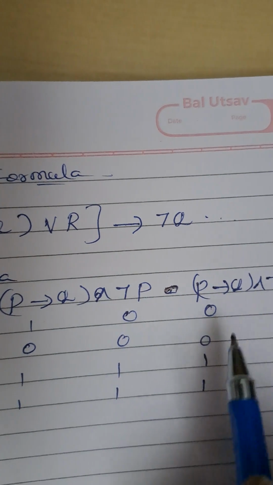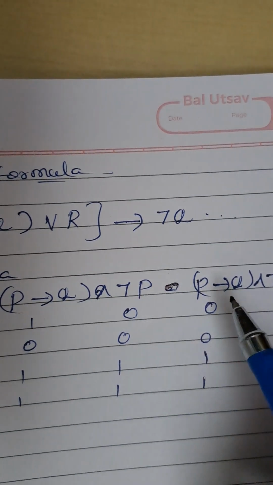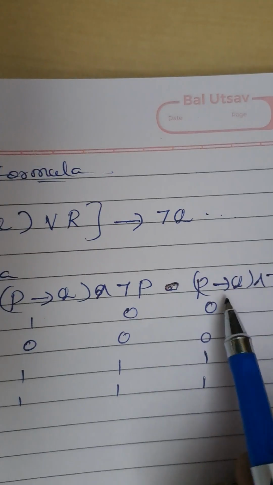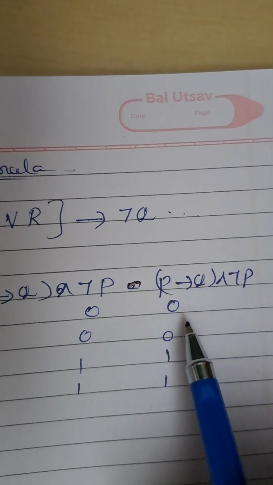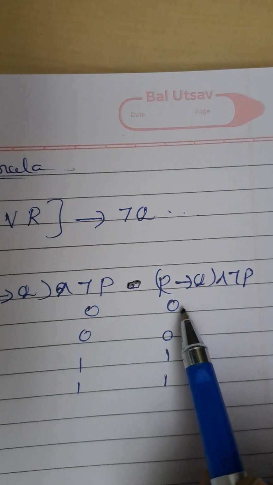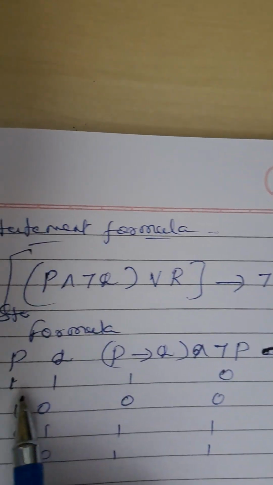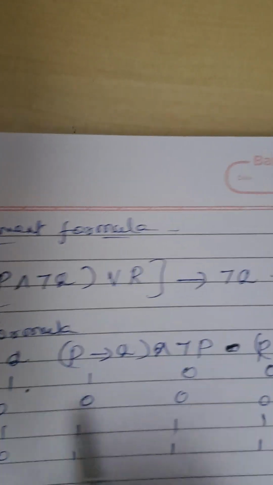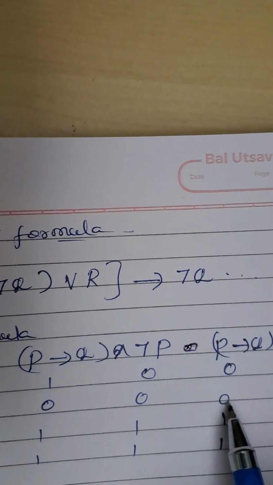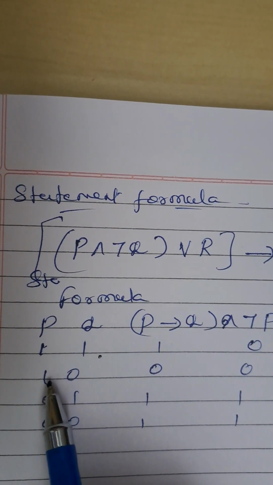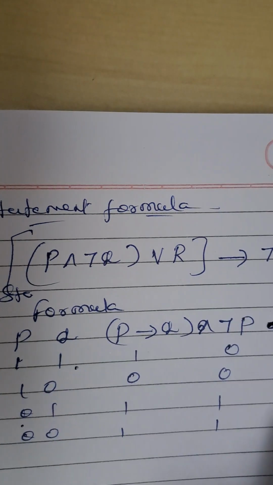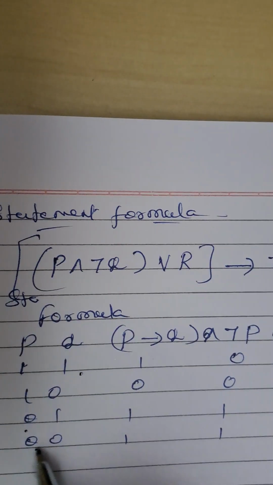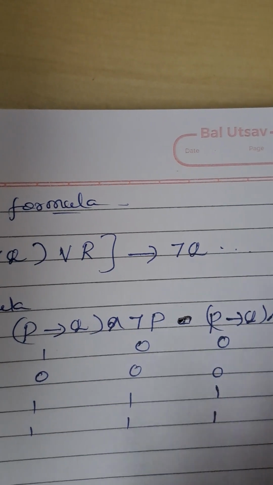So these are the truth values for this expression P implies Q and negation P. That means this expression has 0 when both P and Q are 1. The expression has 0 again when P is 1, Q is 0. When P is 0, Q is 1, the expression has 1. When both are 0, the expression has 1 as truth value.